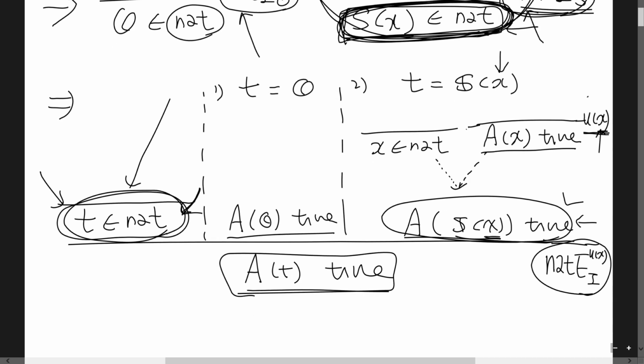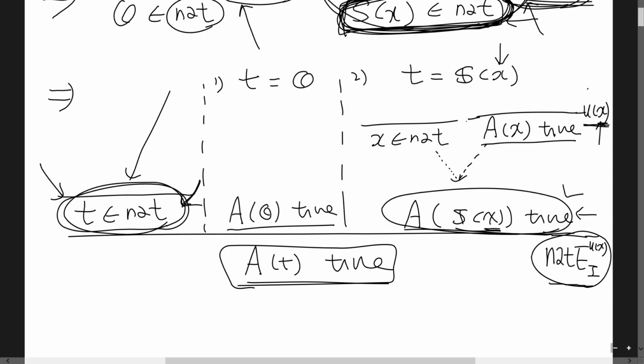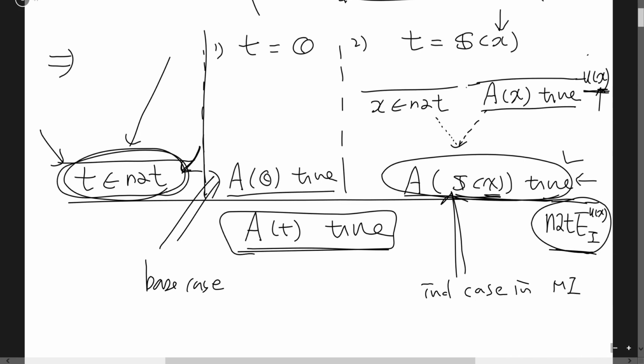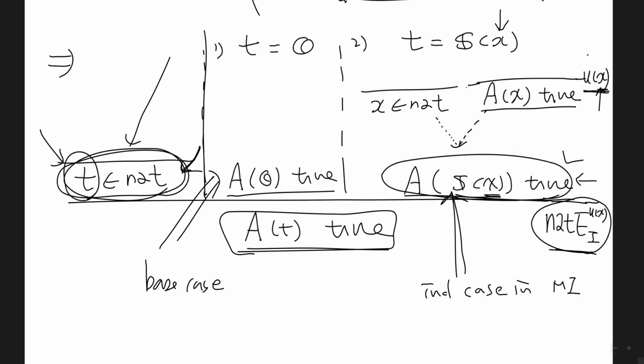So if we think about this elimination rule, the first case corresponds to the base case in mathematical induction, and this one corresponds to the inductive case in mathematical induction. And this term t is just a concrete term for which we'd like to establish a property.